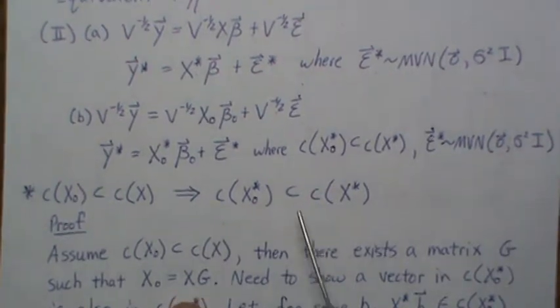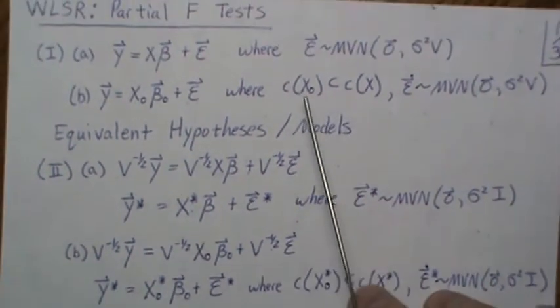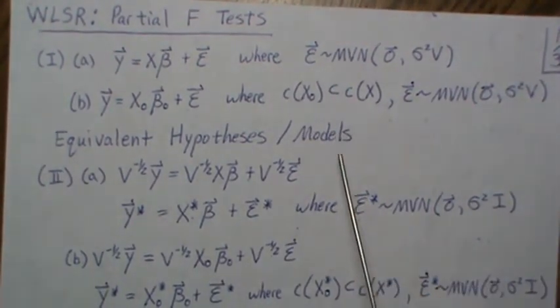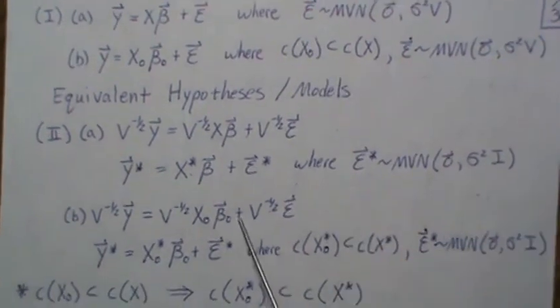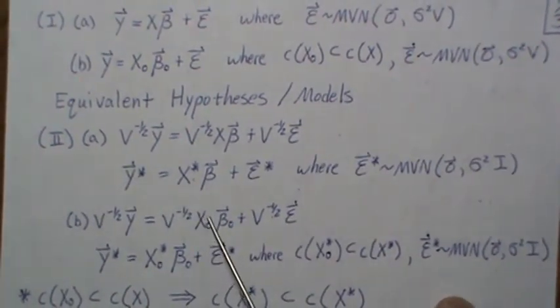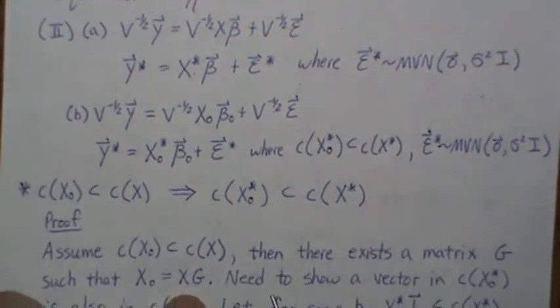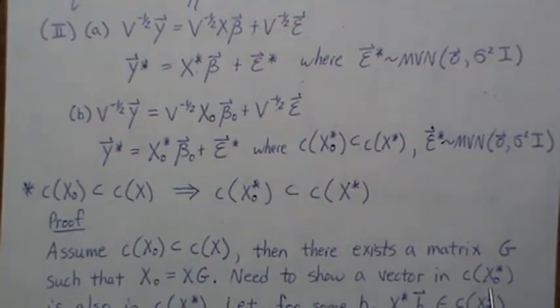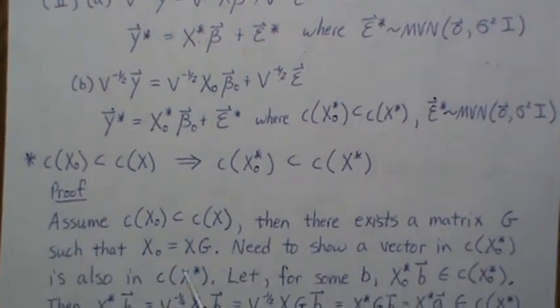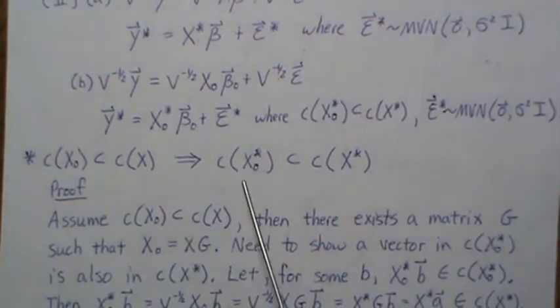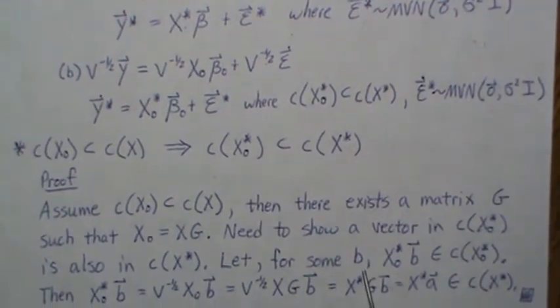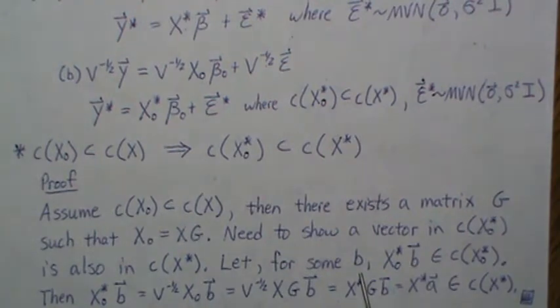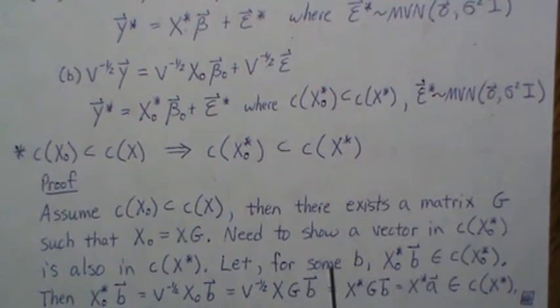We assume this is true, and now we want to show that then this has to be true, and then we're going to use a simple model to develop the partial F-test. So we need to show that a vector in this column space is also in this column space, which means that this is a subset of that. So let's take some vector b.